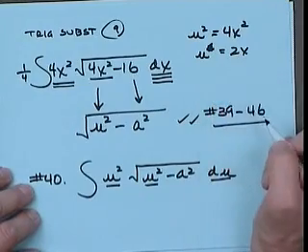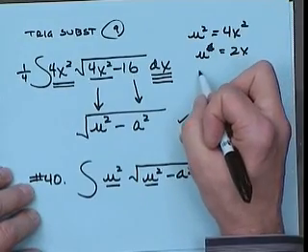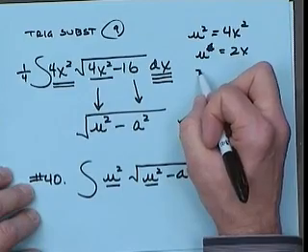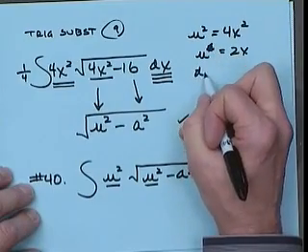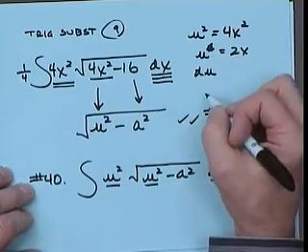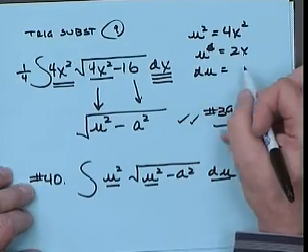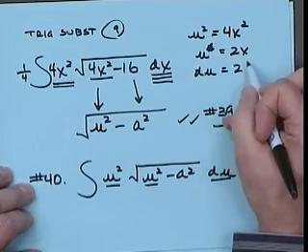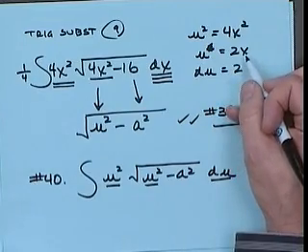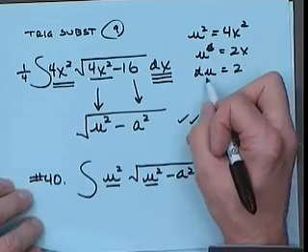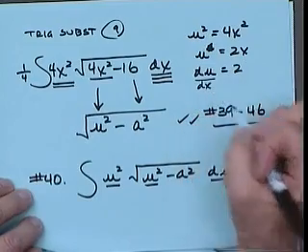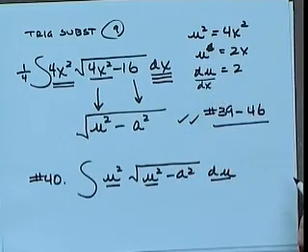What's the derivative of this? Derivative of u would be du, exactly what I just said. And the derivative of 2x is 2 dx. And we're deriving with respect to x, right? So this is kind of derivative of u with respect to x, if you want to get real technical about it.